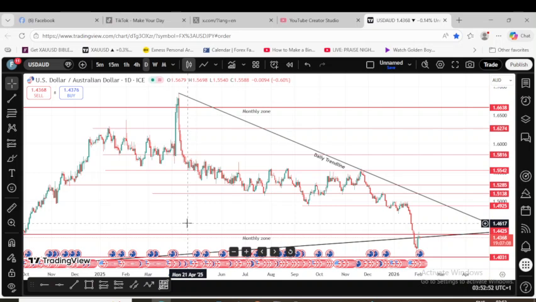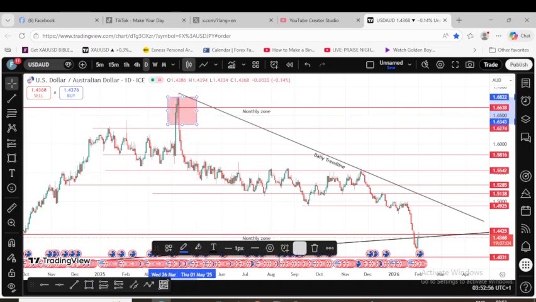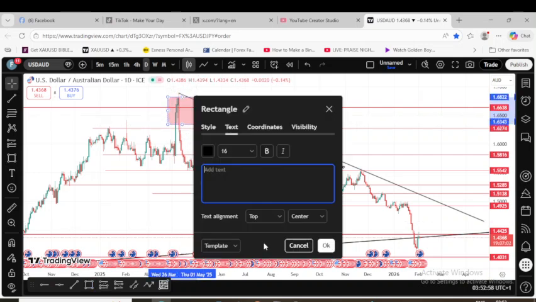So next thing we're going to do is to identify our trend origin on the daily time frame, which is obviously here at the first point of the daily bearish trend. This is where we have our trend origin.